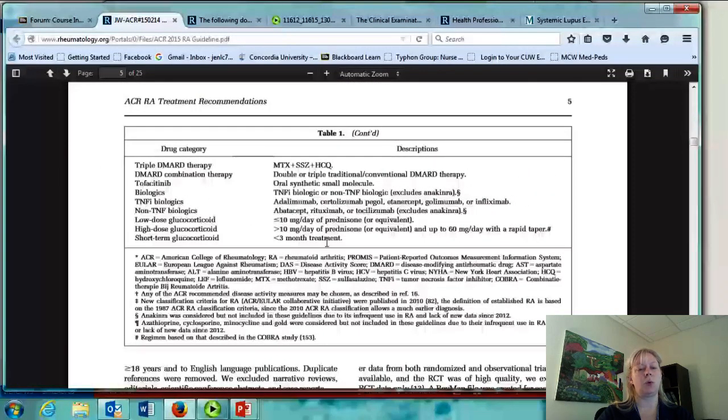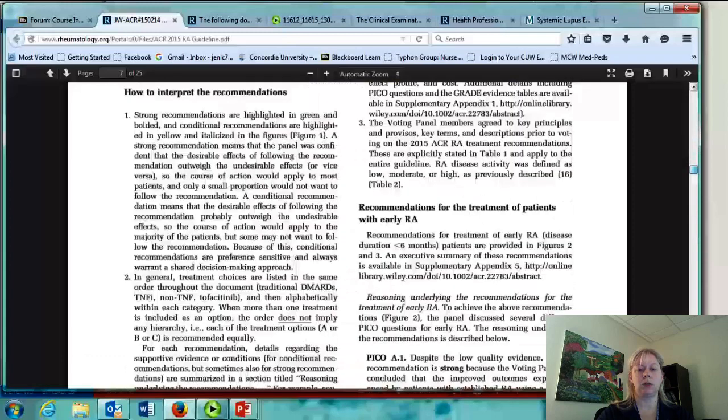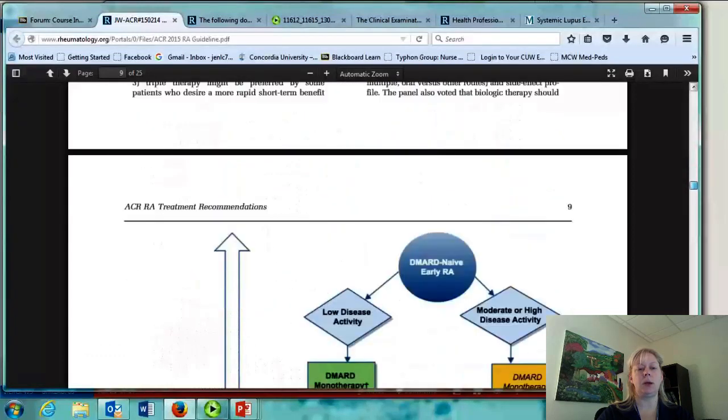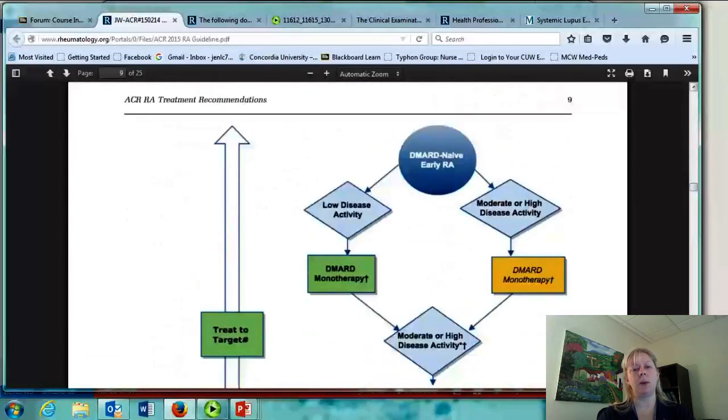It goes through and tells you what each of the medications are. You should be able to make your screen big, but if not, you should be able to look at these online. I'll provide the link. It'll be in your content area.